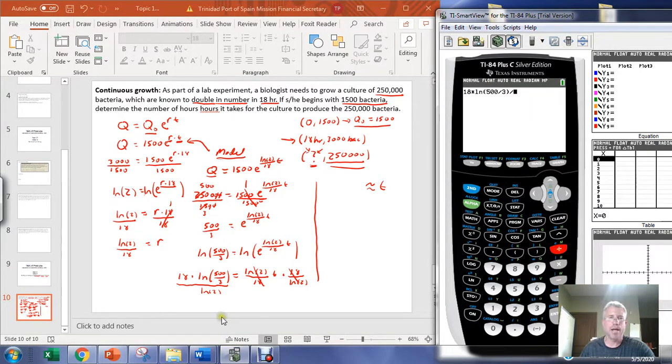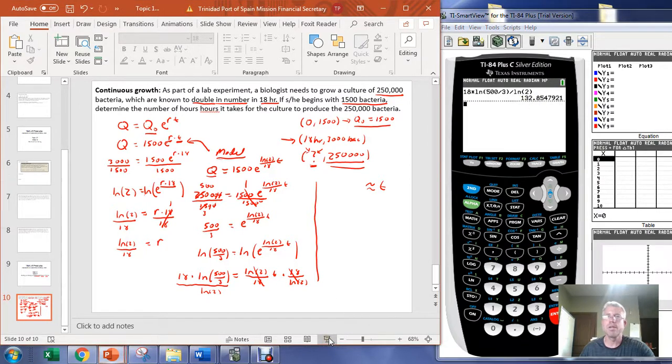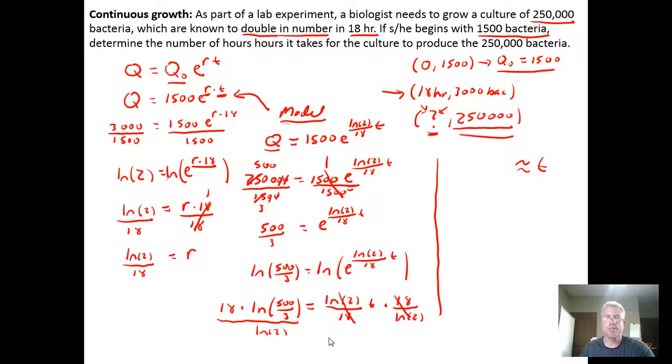Now divide by the natural log of 2, since we have the natural log of 2 in the denominator. Close that function. Enter, and we get about 133 hours will be needed to get to the 250,000 bacteria. So we're going to need about 133 hours of time.